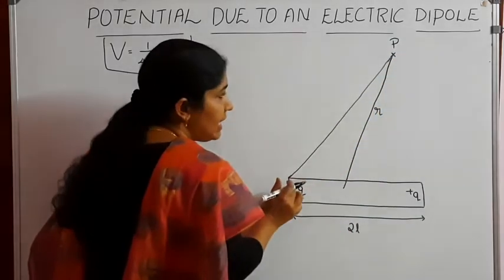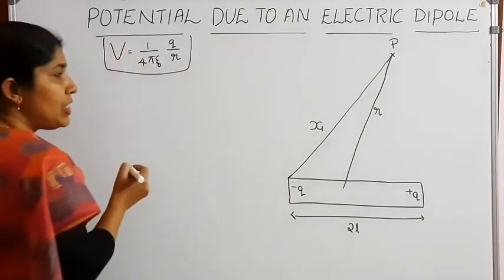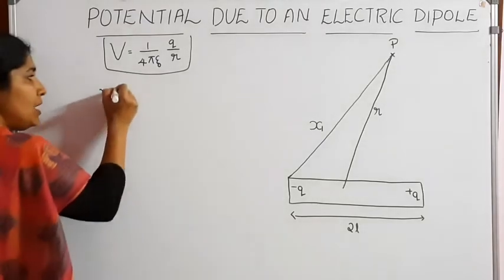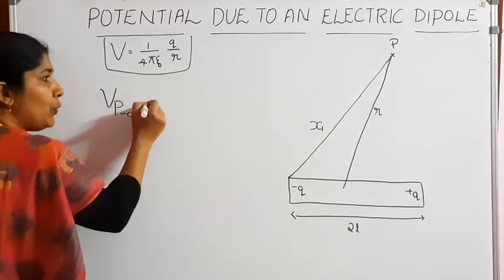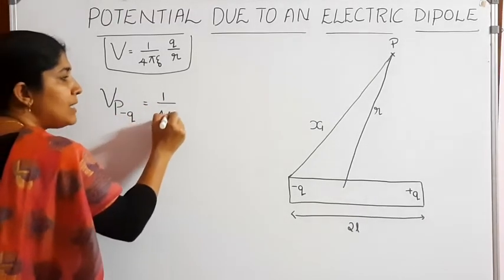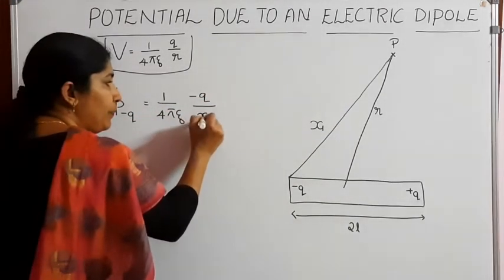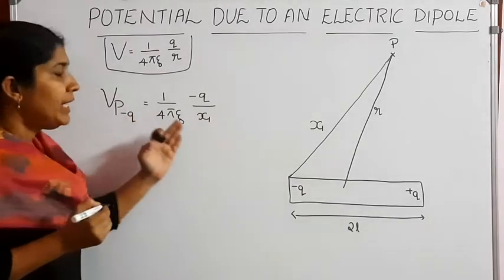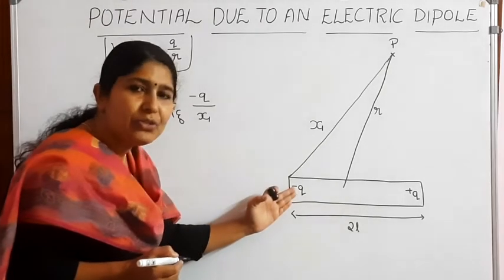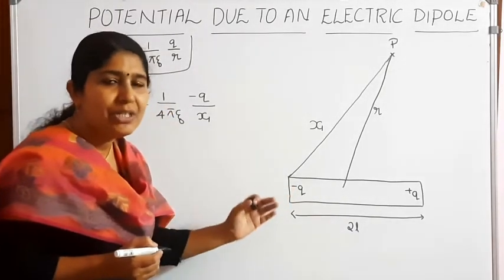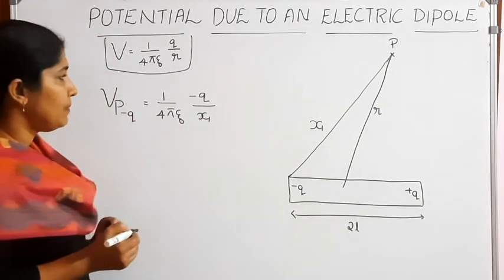The minus q charge is at a distance x1 from the point P. The potential at the point P due to minus q charge is equal to 1 by 4 pi epsilon 0 into minus q divided by x1. Here the potential is a scalar quantity, so we have to consider the sign of the charge also.